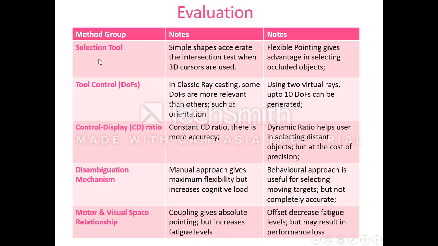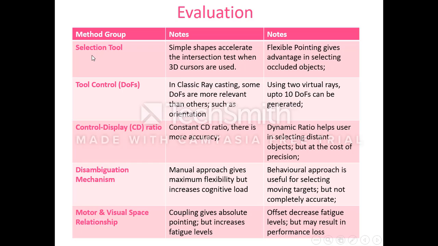And then we have evaluation of all these techniques we have discussed so far. We have focused on the classification mainly, and based on the classification, we can make a choice of what technique we want.